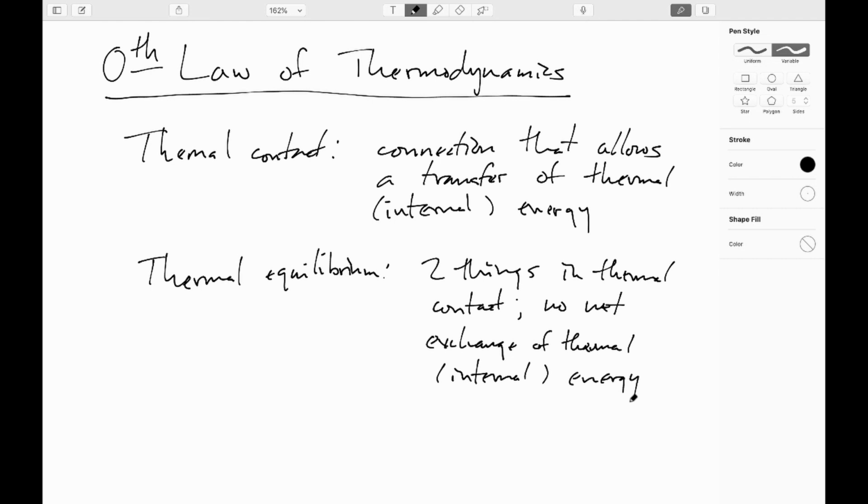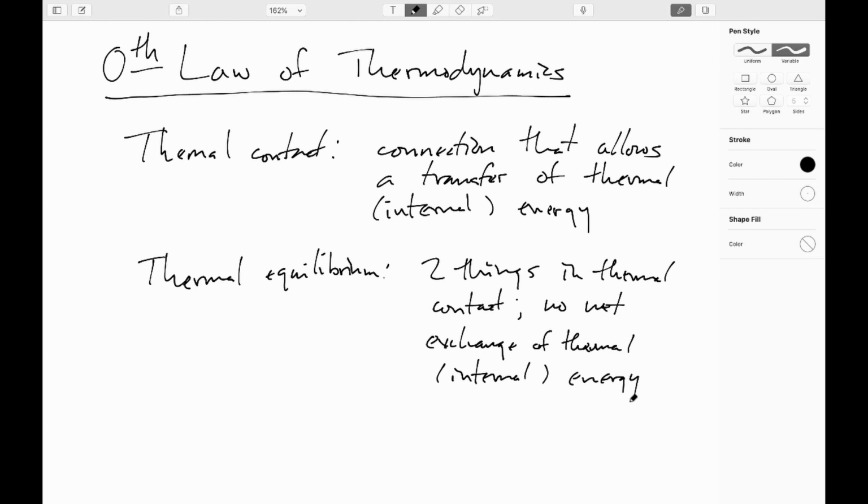So there could be exchanges. It's just that they have to be two-way streets. So if one object gives the other object a little bit of energy, the other one better be giving it right back in order for it to be in thermal equilibrium.